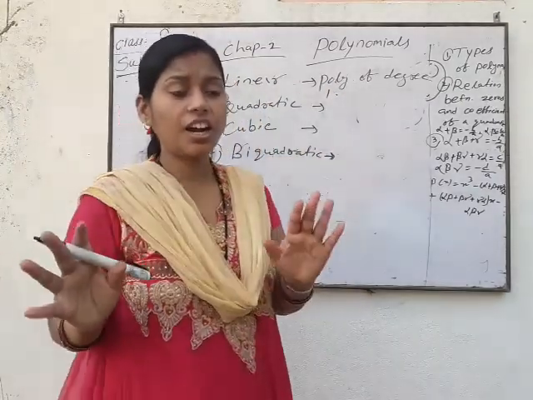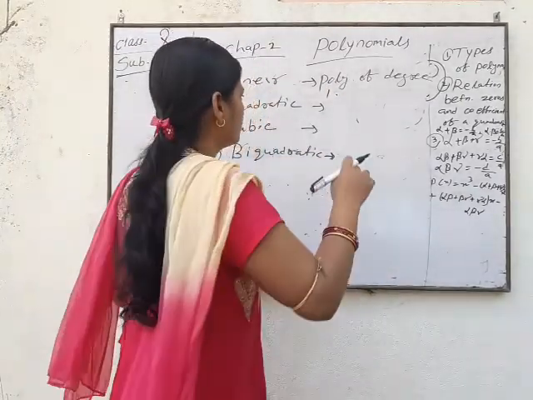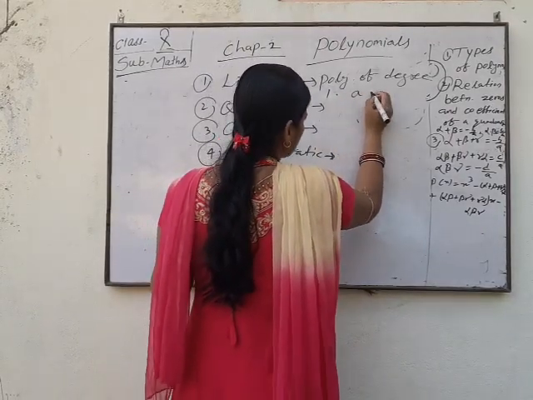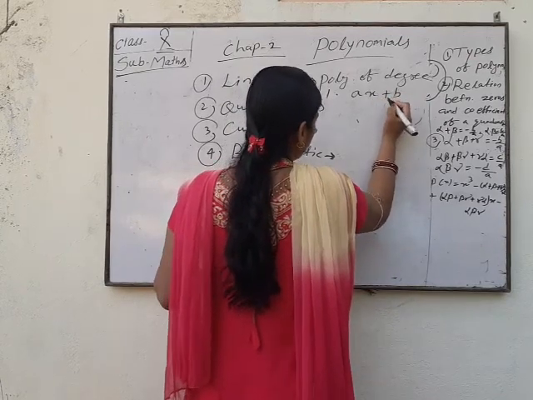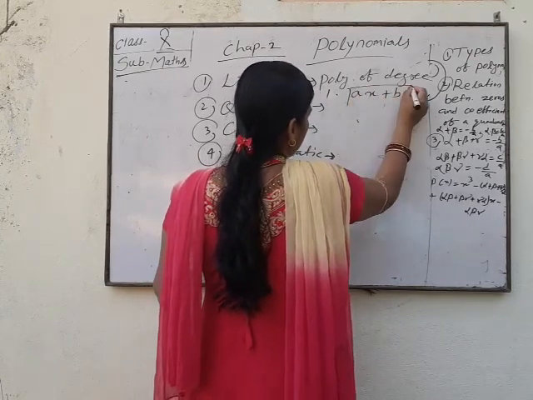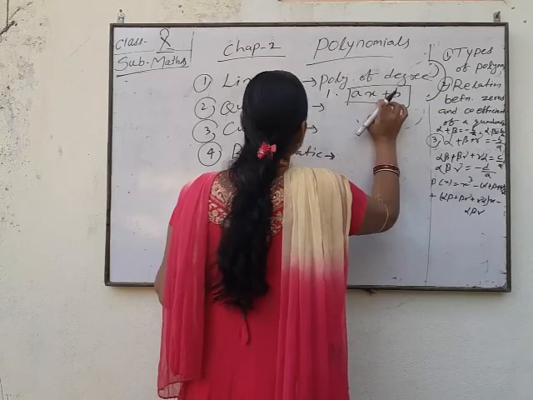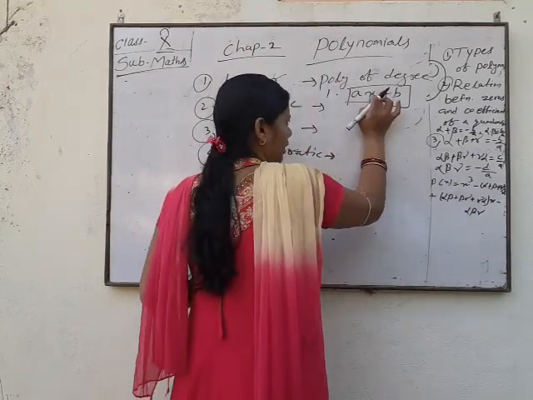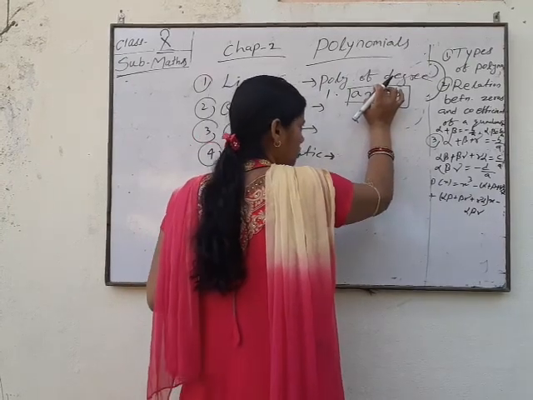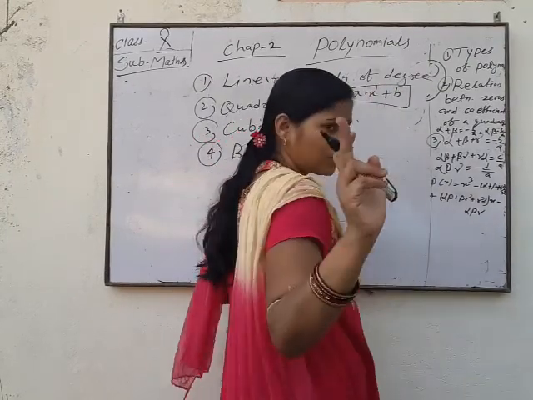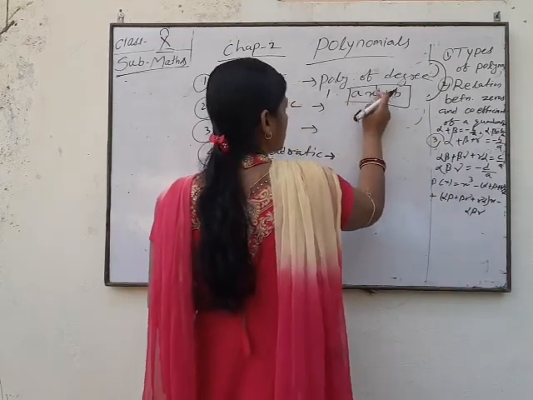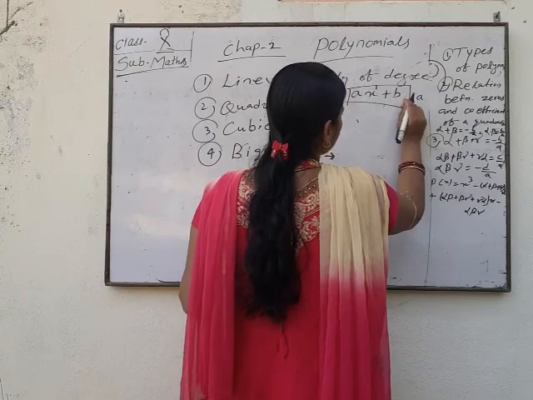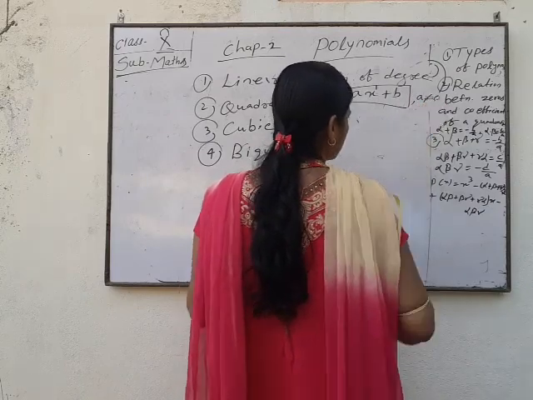The standard form of a linear polynomial is ax plus b. Here x is the variable, the power is 1, so the degree is 1, and the condition is a is not equal to 0.